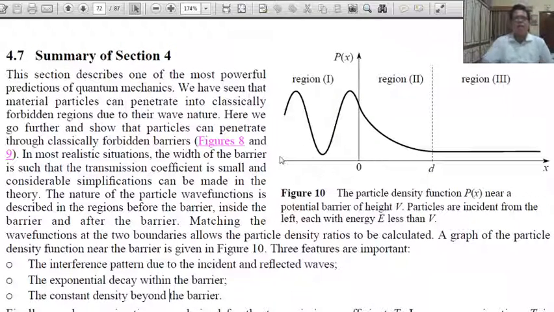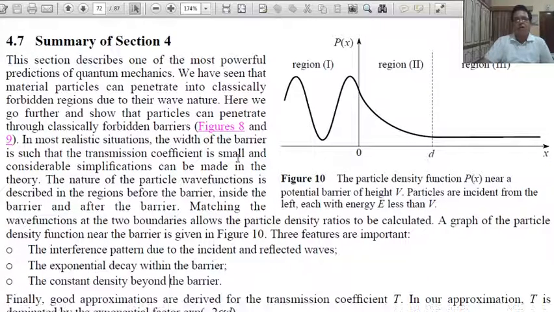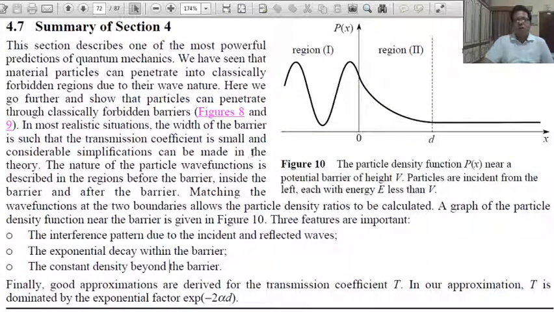Here a summary is given of what we learned about this article, the potential barrier. You know that in region 2 there is a decay, and after that there is a constant wave function. The interference pattern is due to incident and reflected waves.